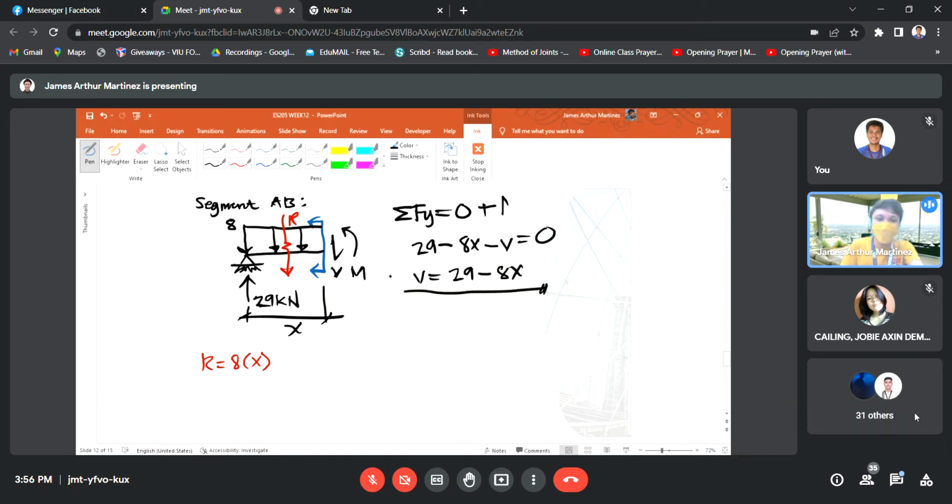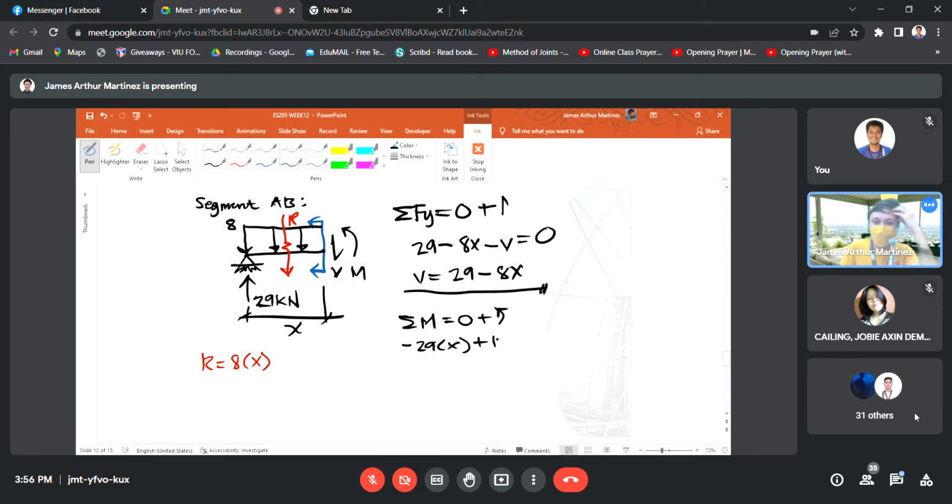Okay? So for moment, by taking moment at the point of cutted plane, kung asa ka nag-cut, ka mag-moment, at this point equal to 0, having counterclockwise as positive. So 29 kilonewton will have a negative sign convention times distance. So yung moment arm is x.